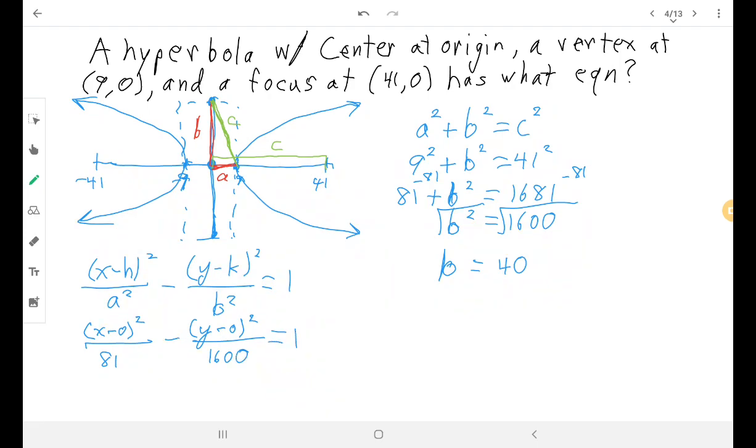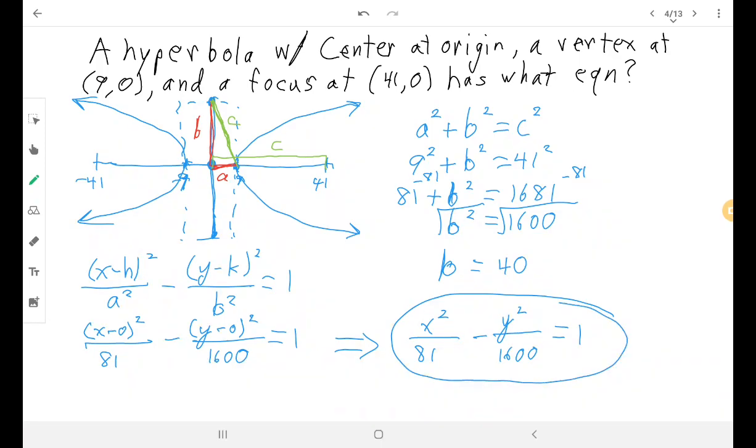That equals 1, and then finally I can clean up the top and have a final answer of x squared over 81 minus y squared over 1600 equals 1.